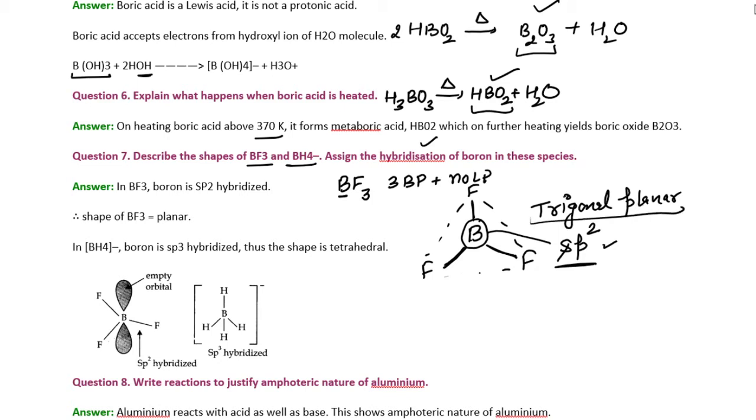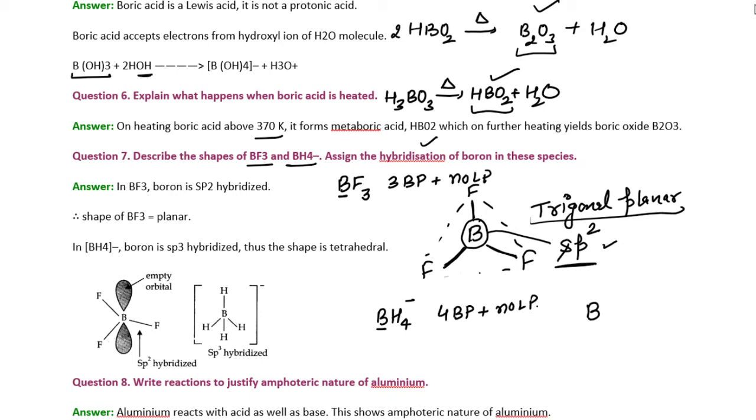Okay, now BH4 negative. In BH4 1 negative, how many bond pairs are there? Boron has 3 valence electrons and 1 negative charge, means 4 valence electrons in total. All the 4 are used, so no lone pair.